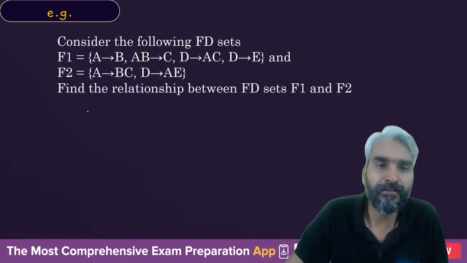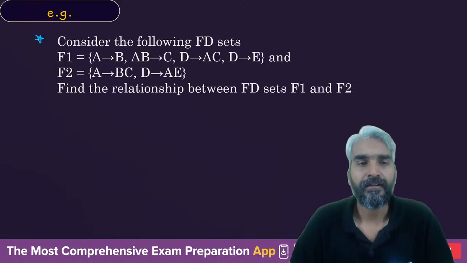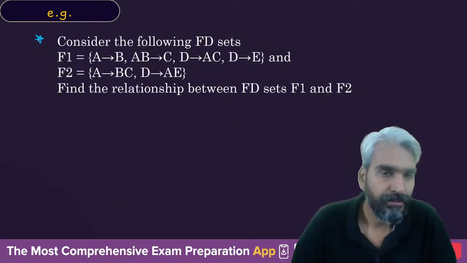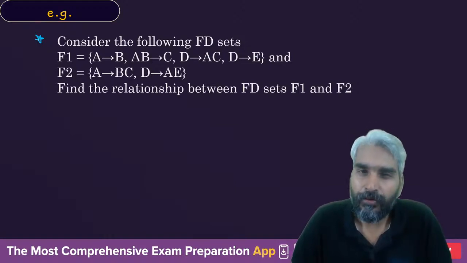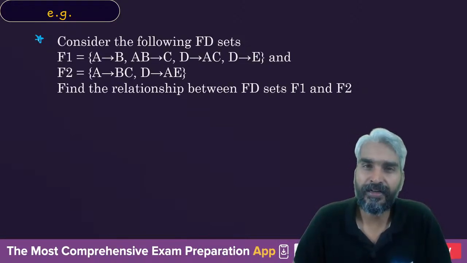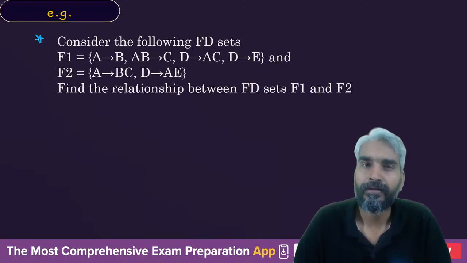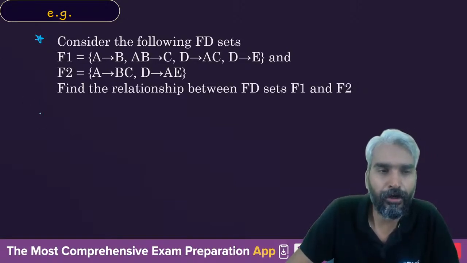Let's check for the third one. Give me the relationship between F1 and F2. Are they equal, or is F1 a proper subset of F2, or F2 a proper subset of F1? So three things are possible. What are the three options possible?